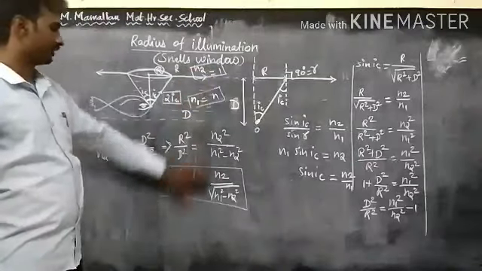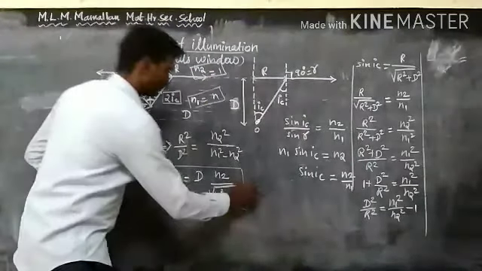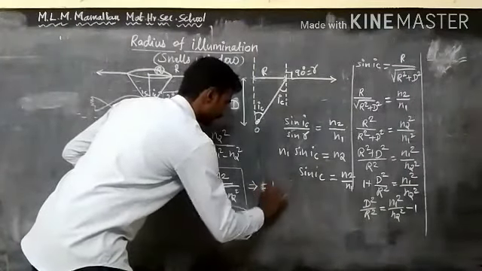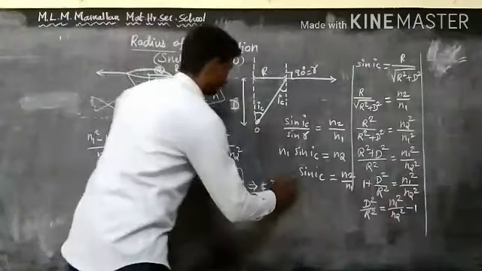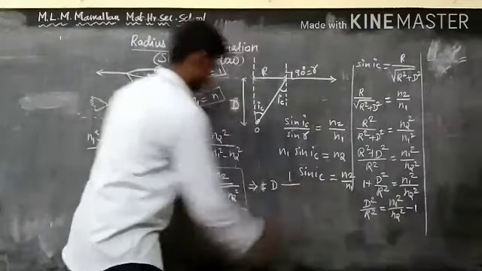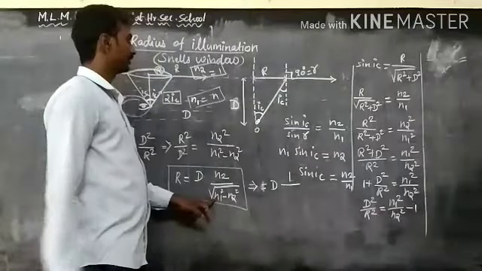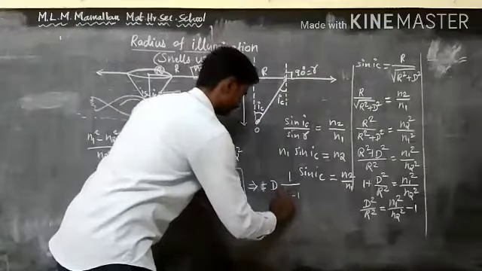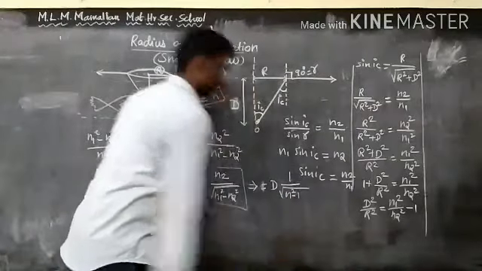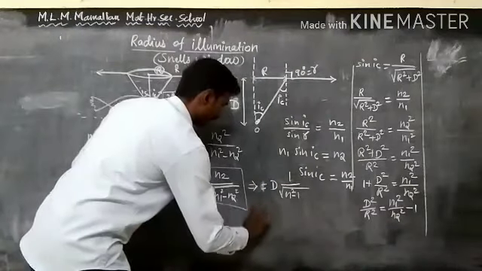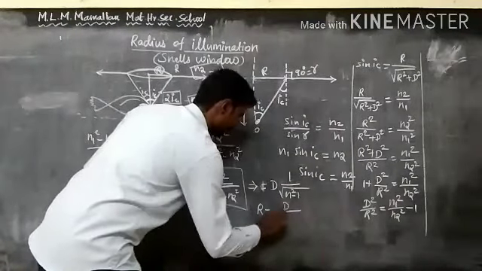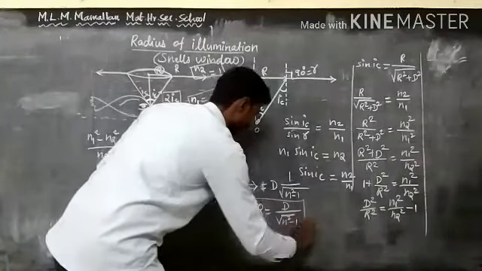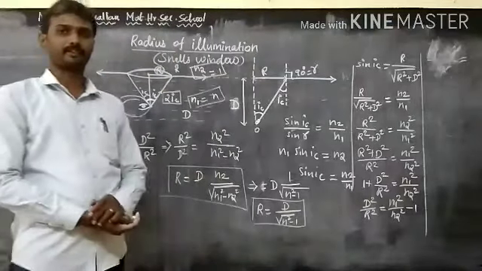Substituting this into this equation, we get R equal to D into 1 divided by square root of n square minus 1. Finally, we get this equation: R equal to D divided by square root of n square minus 1. So this is the final equation of the radius of illumination.